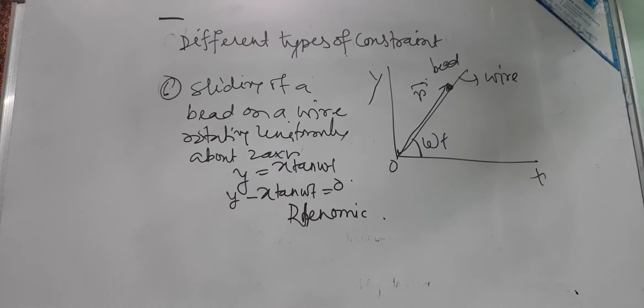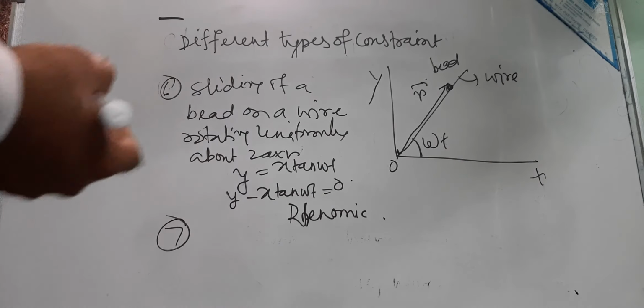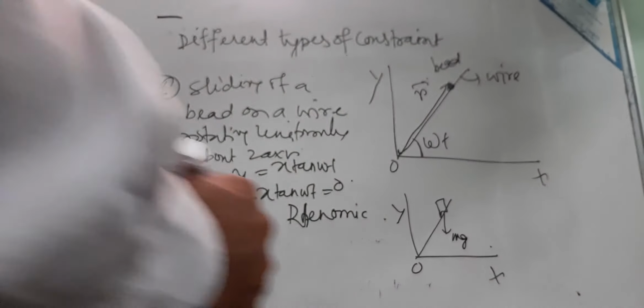Rheonomic. And let us take a body on a smooth inclined plane, like this, with x and y axes. The weight acts vertically downwards, and the normal reaction acts perpendicular to the body, like this.